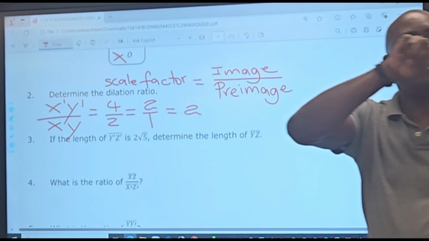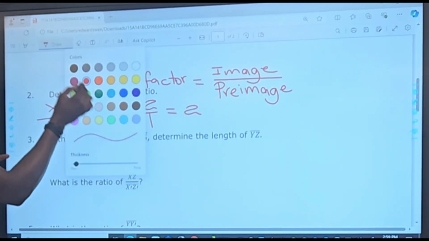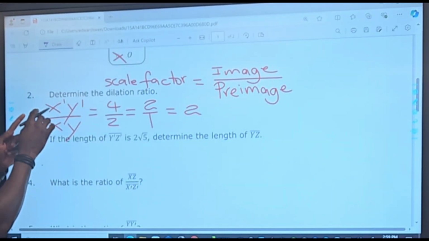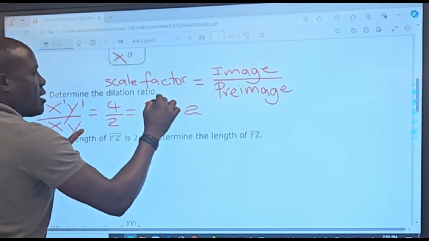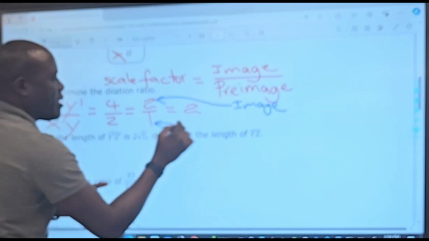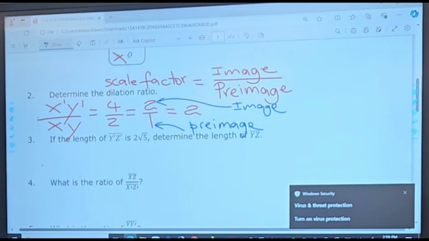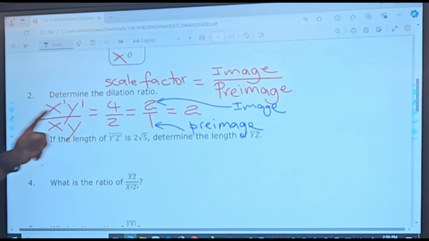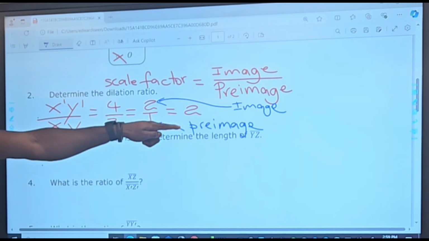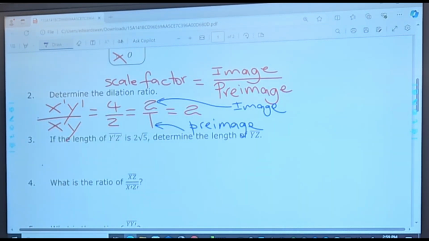So we could go back and forth. So in this case here, I want you to take note that this is image on top, and this here is my pre-image. And in terms of the numbers, for every 1 unit for my pre-image, it's 2 for the image. So it doubles. Alright?